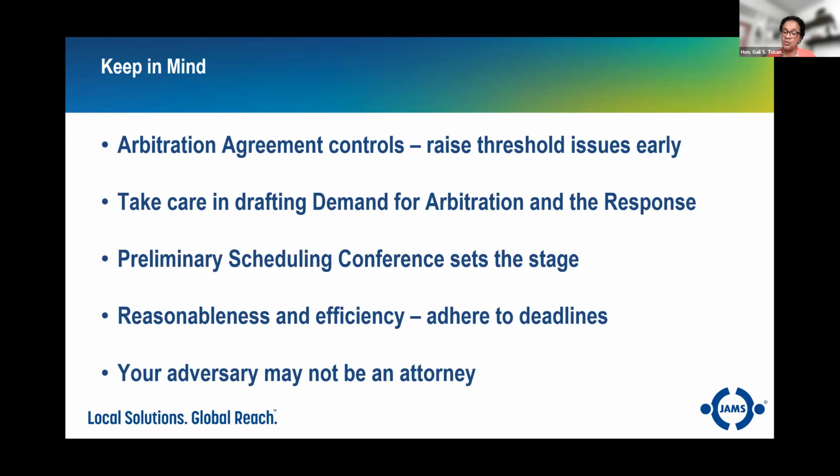Typically at JAMS, we will send out to the parties a preliminary conference checklist. It's pretty thorough, and I'd like to go over a little of it with you at this time so that you'll know the types of questions that are very important in setting the stage.